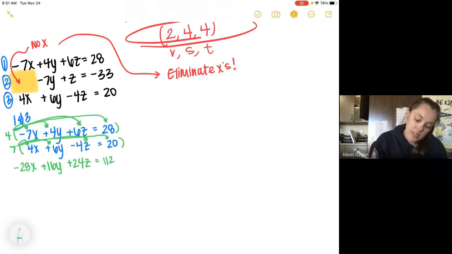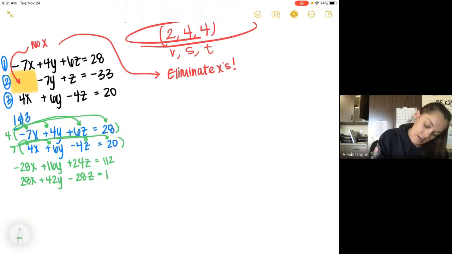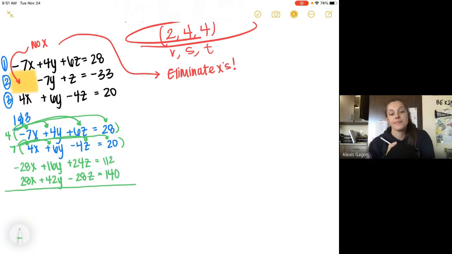For the bottom, 7 times 4x is 28x. 7 times 6y is 42y. 7 times negative 4z is negative 28z. And 7 times 20 is 140. Again, we have some pretty big numbers here, but they'll end up getting smaller.